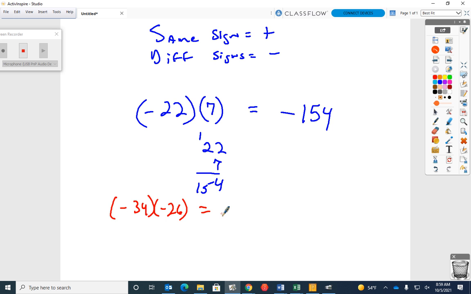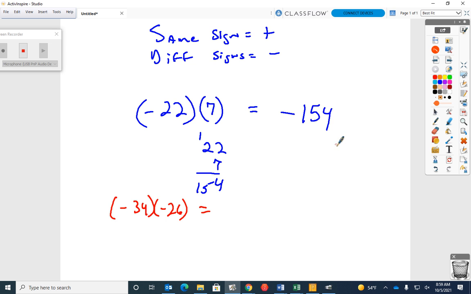They are both negatives. They're the same signs, right? If they are the same signs, what's my rule? Positive. My answer is going to be positive, okay? So get in the habit of that. It only applies to multiplication and division, though. If I add two negatives, I get a bigger negative. But if I multiply two negatives, I get a positive, okay? So my answer is going to be positive.